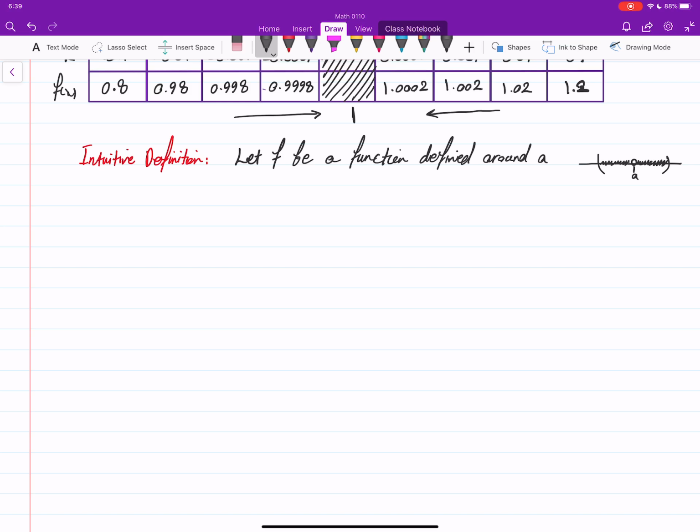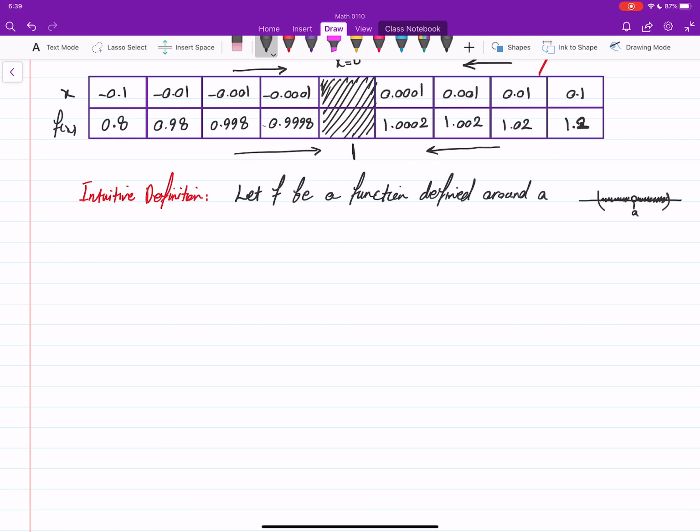So we have to be able to set up a table of values like this for values of x which are close to a. Then we say the limit of f as x approaches a is equal to a number L. This is a long sentence.